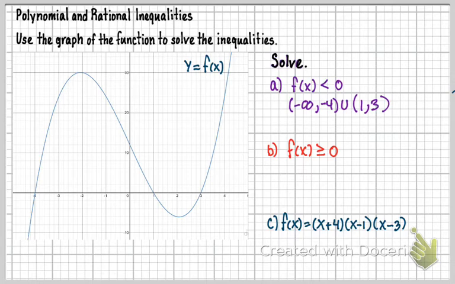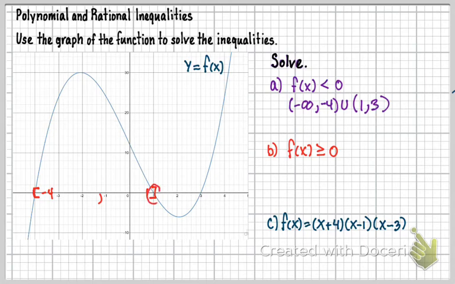So I'm going to include that value, negative 4, and also this value on this side, which is 1. That's my interval where my y value is above 0.